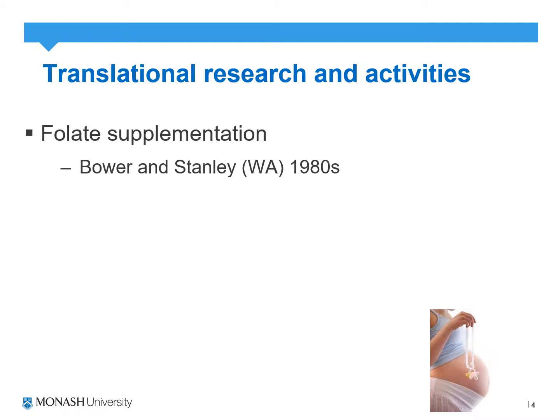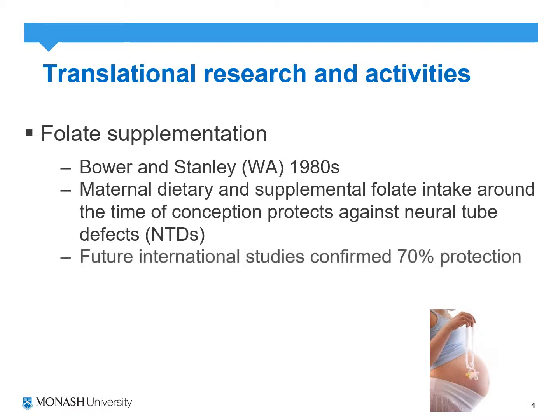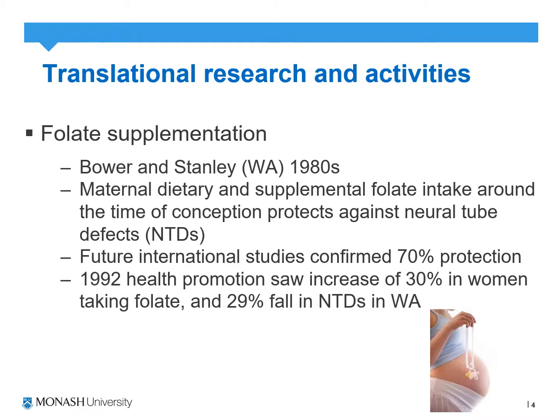We had evidence from the early 80s, here in Australia actually, by Australian researchers, that taking supplements of folic acid around the time of conception was associated with a protective effect against neural tube defects, NTDs, spina bifida, etc. That was in the 1980s. In the late 80s, other international studies replicated it, with some confirming up to 70% protection.